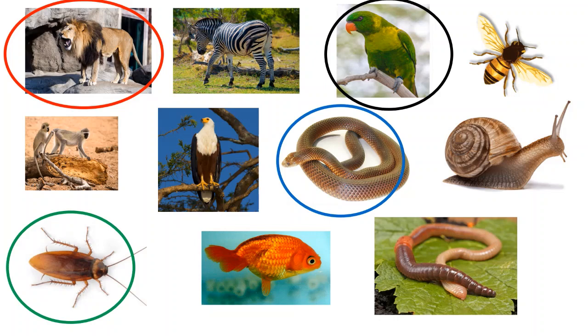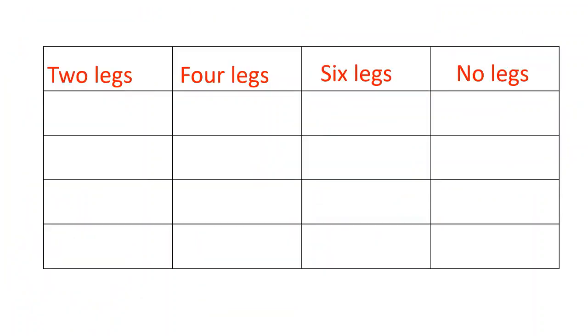So come on, now let's list out the animals according to their legs. The first one, animals that have 2 legs. Children, can you name them?